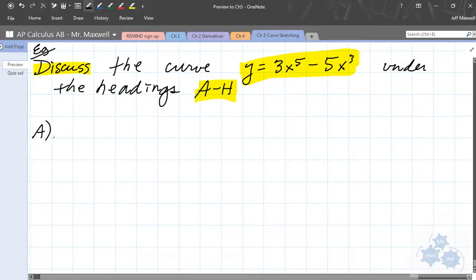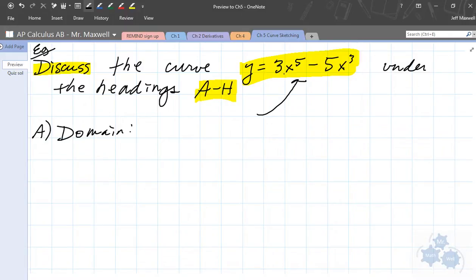All right, so A was domain, right? Okay, so what do we know about the domain of this function right here? Are there any restrictions? Any values for x that would cause a problem mathematically, anything that would make a negative number under a square root. Well, I don't see any square roots there, or fourth roots or sixth roots.